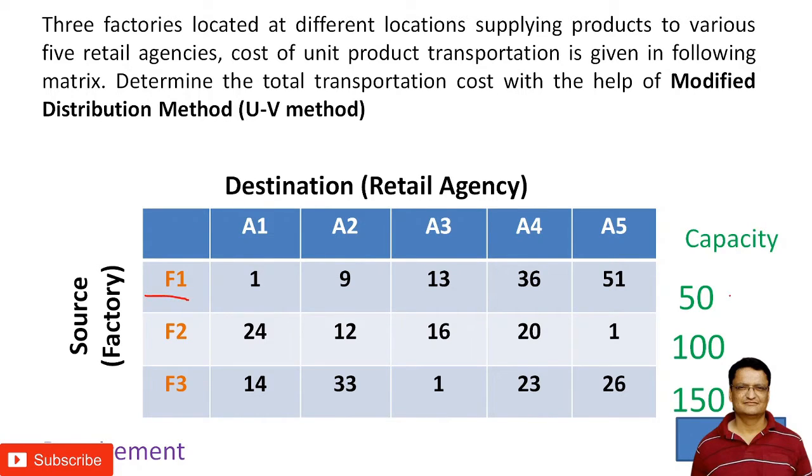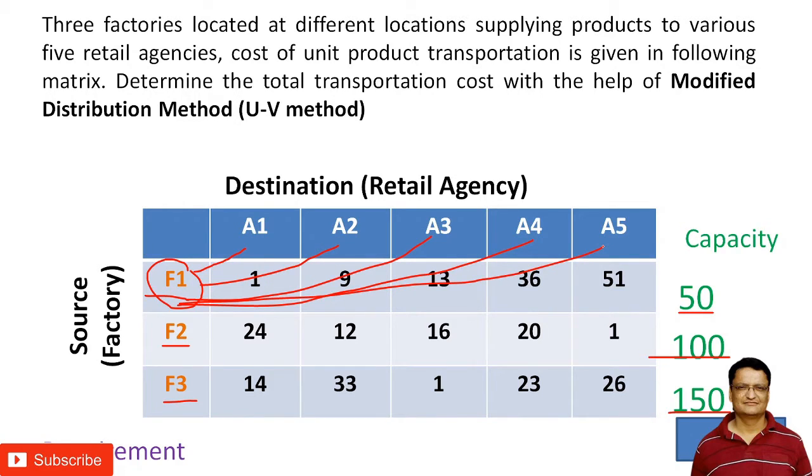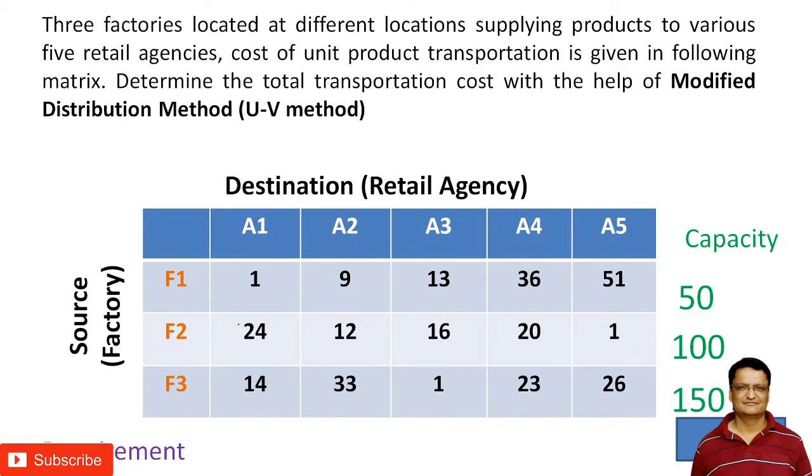Factory F1 has a capacity of 50, F2 has a capacity of 100, and F3 has a capacity of 150. What is meant by this? That F1 can supply 50 goods to either A1, A2, A3, A4 or A5. Similarly, F2 can supply 100 goods to A1, A2, A3, A4 and A5, and the corresponding costs of unit product transportation are given over here.